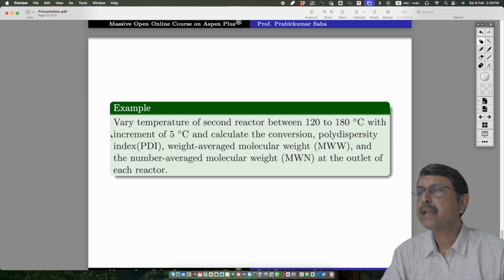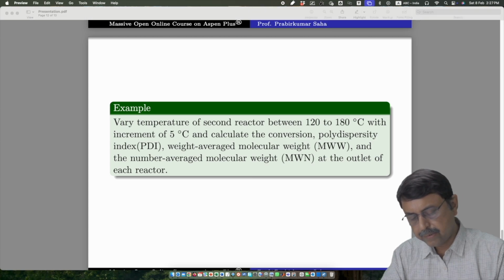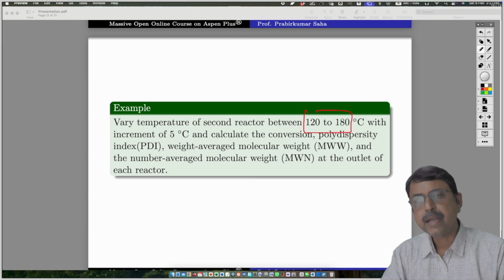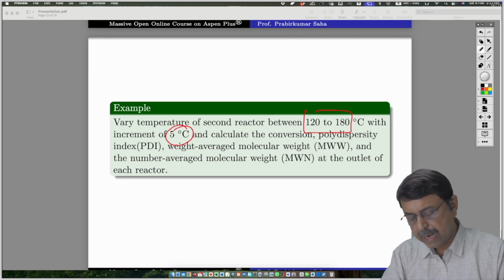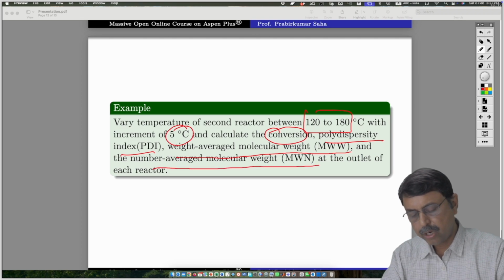Now, continuing the example, we have to vary the temperature of the second reactor between 120 degrees centigrade and 180 degrees centigrade with an increment of 5 degrees centigrade, and we have to calculate the conversion, polydispersity index, weight averaged molecular weight, and number averaged molecular weight at the outlet of each reactor.